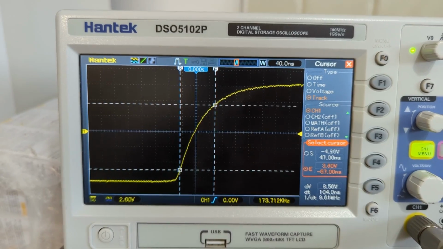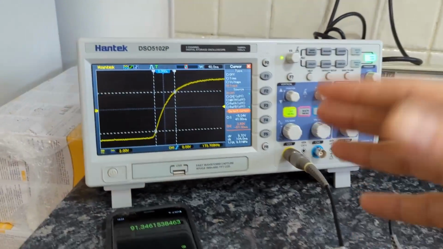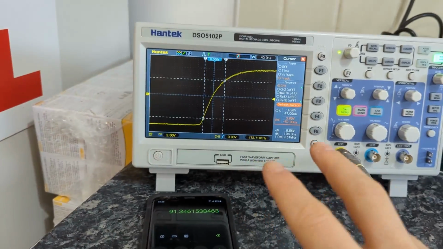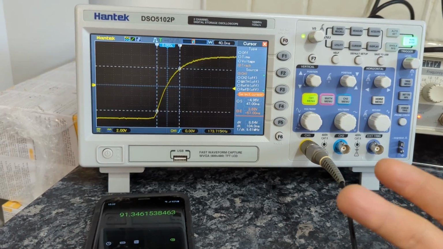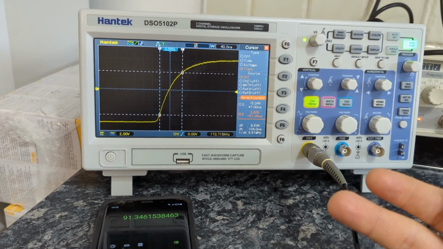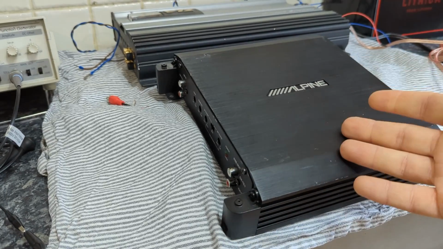That means we could test amplifiers, as I mentioned, at 20 kilohertz, at 10 kilohertz. It doesn't really matter. What matters is to set a standard for the voltage that we're trying to measure the amplifier at. This amplifier is kind of weak, so it's not going to have a lot of power.